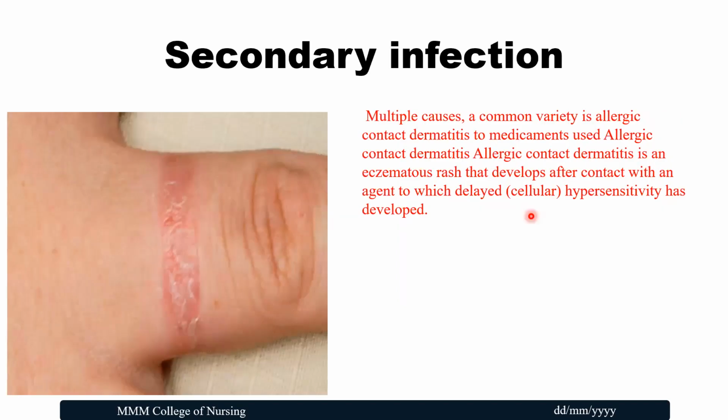The last one is the secondary infection. So here in secondary infection, as I told you earlier, this is atopic dermatitis, eczema or atopic dermatitis. There are multiple causes of allergic contact dermatitis.